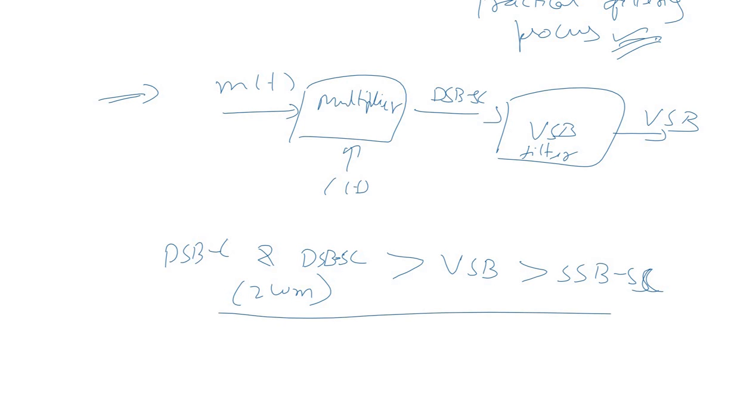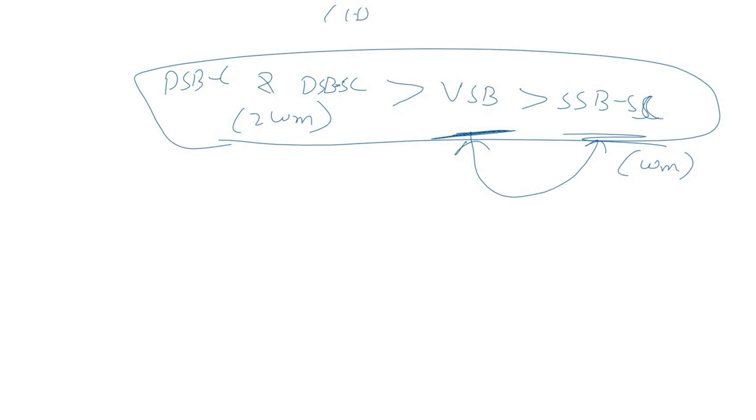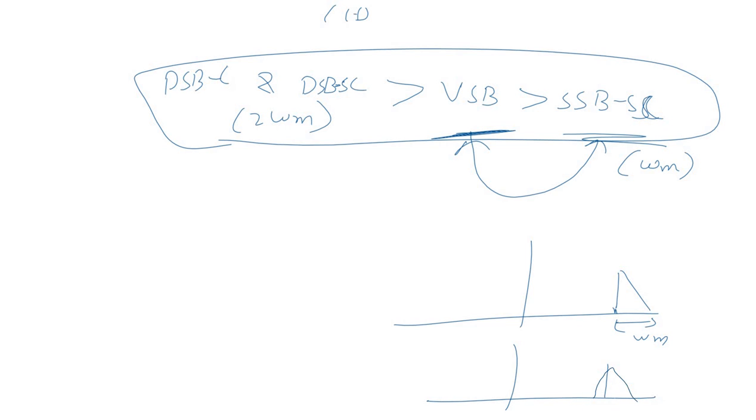The least bandwidth requirement is of SSB-SC, but there's a very slight difference between the bandwidth requirement of vestigial sideband and SSB-SC. In case of SSB-SC, the bandwidth requirement is omega m, because we are passing only a single sideband, right? But in case of VSB, the bandwidth requirement is slightly more than omega m.